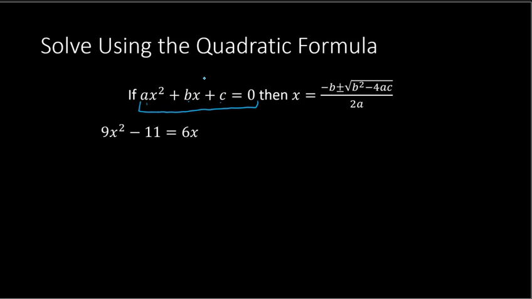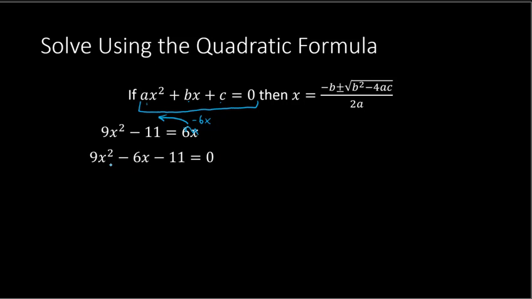So if you're given an equation like this, 9x squared minus 11 equals 6x, in order to use the quadratic formula, we need to set it equal to 0. So we can do that by bringing the 6x to the left side. We do that by subtracting 6x from both sides. So on the right, we would have 0. On the left, we would have 9x squared minus 6x minus 11 equals 0.